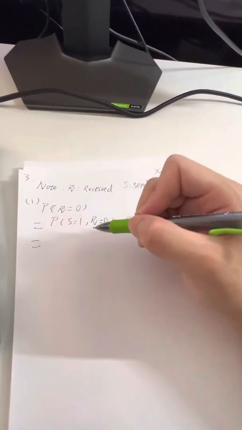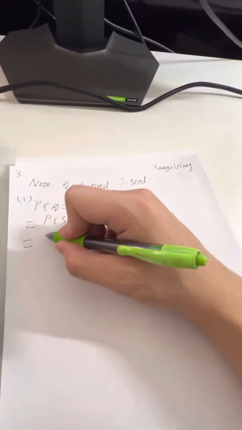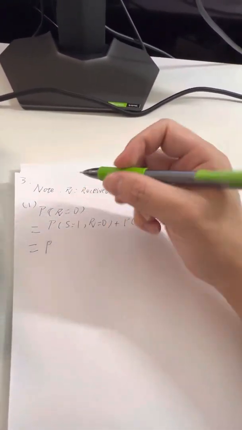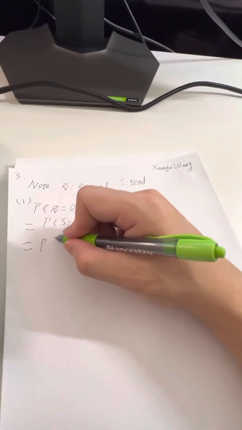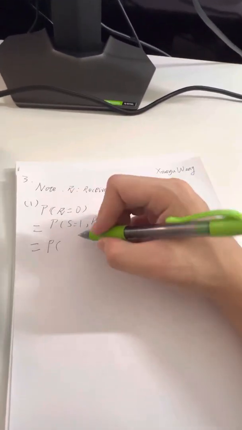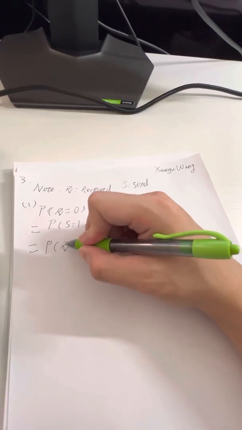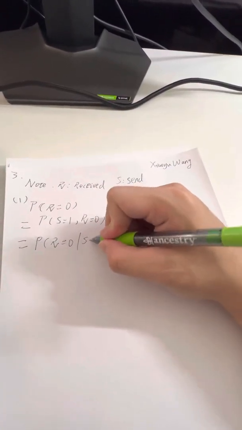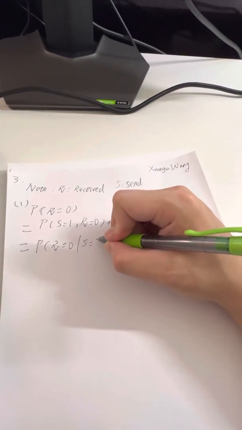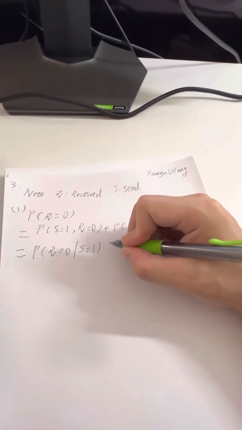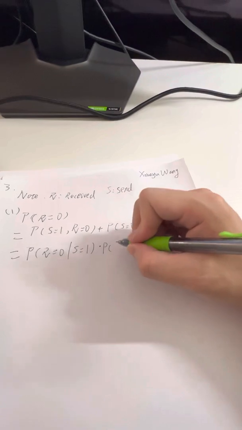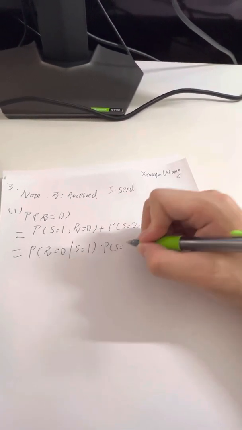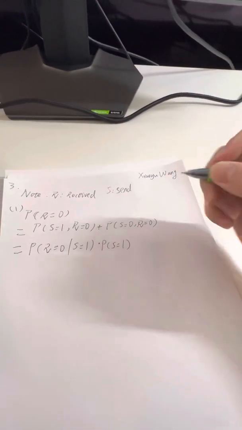take use of the conditional probability. The first probability can be represented as the probability that you receive 0 under the condition that you send 1 at the beginning, times the probability that you send 1 at the beginning.